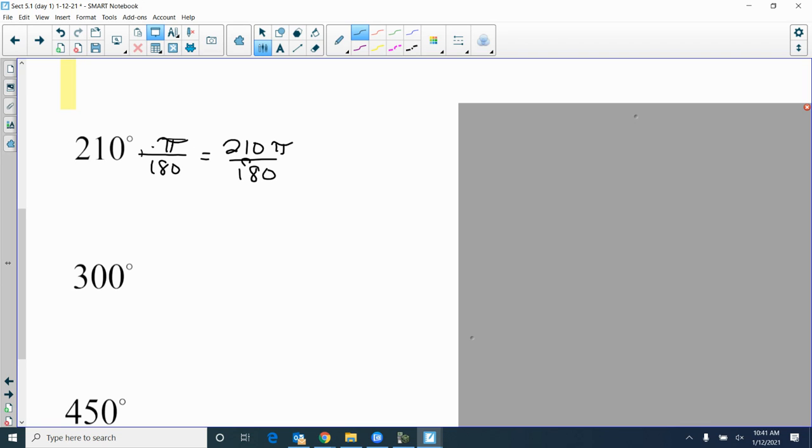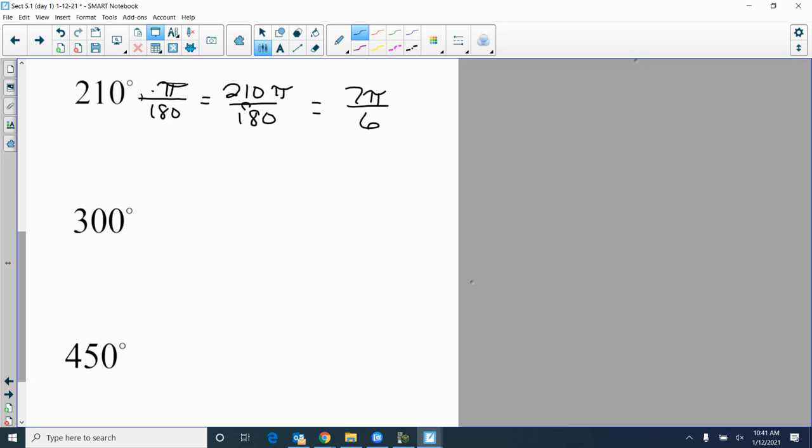Keep it as an improper fraction. Typically when you're dealing with radians, it'll say pi over 4, or 3 pi over 6, or 3 pi over 8. So this one reduces to 7 pi over 6. So 210 degrees is equivalent to 7 pi over 6 radians.